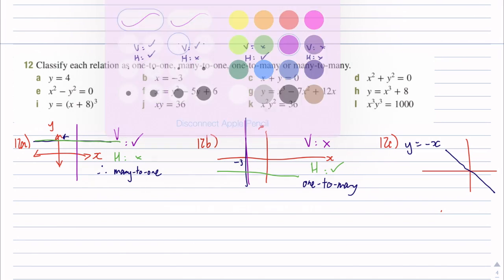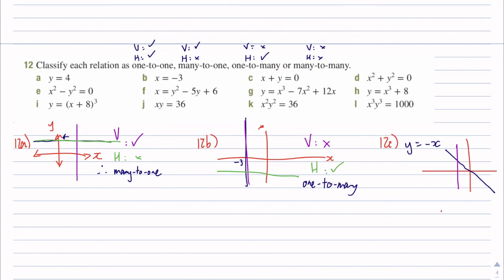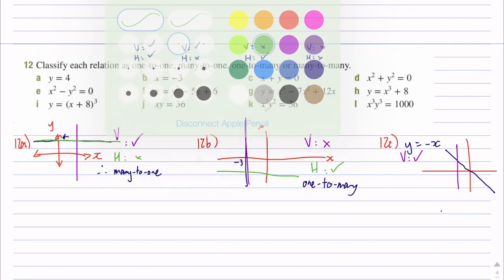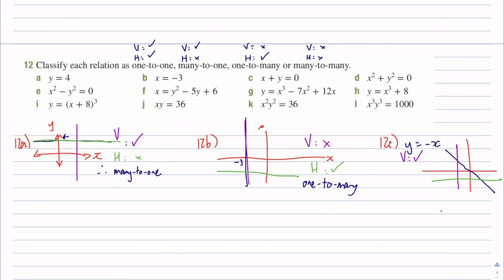Wherever I put the vertical line, it'll only hit once, so it'll pass. Horizontal line test, wherever I put the horizontal line, it'll only hit once. It'll pass, which means it's one-to-one.